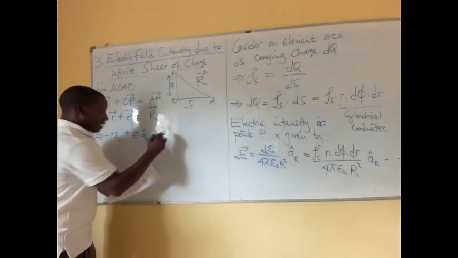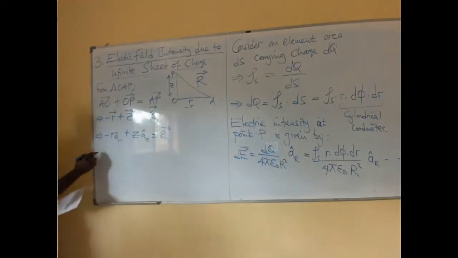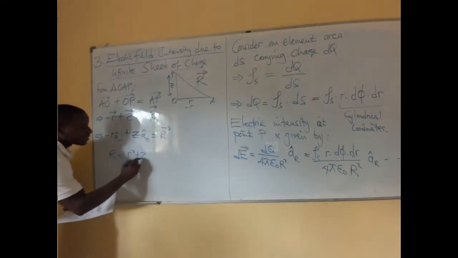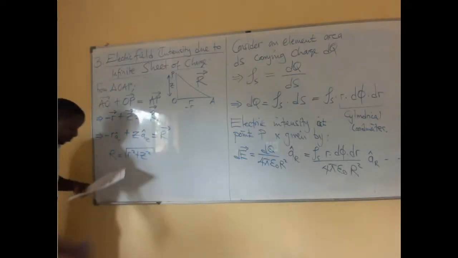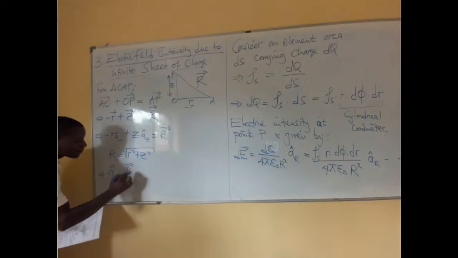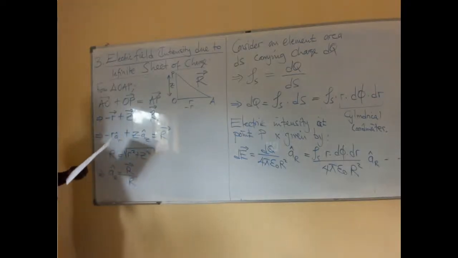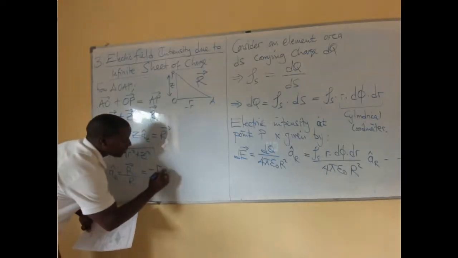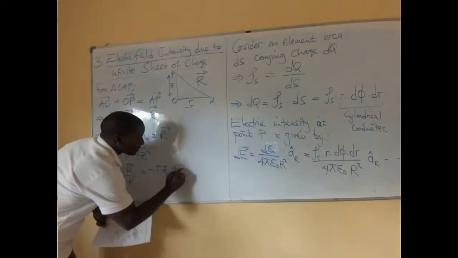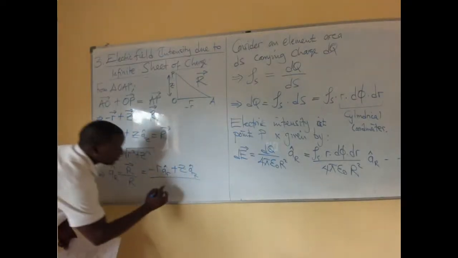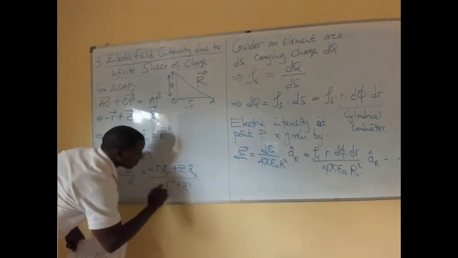So R must be equal to R squared plus Z squared, all under a square root. So AR must be equal to the R vector over R, which is a scalar, which is equal to minus R multiplied by the AR unit vector plus Z into the AZ unit vector, all divided by the square root of R squared plus Z squared.